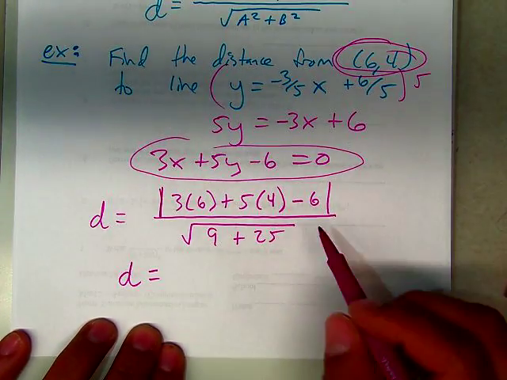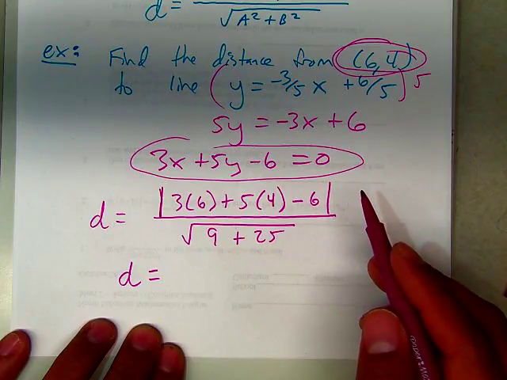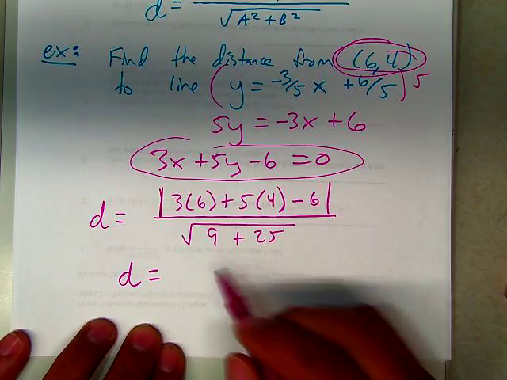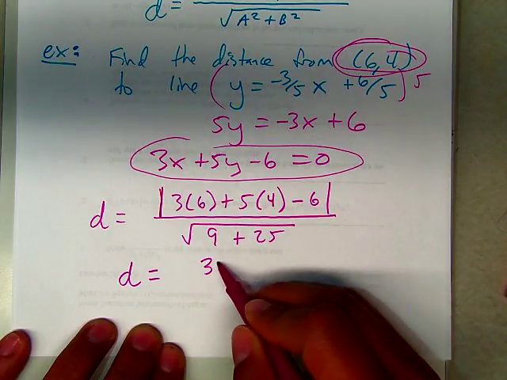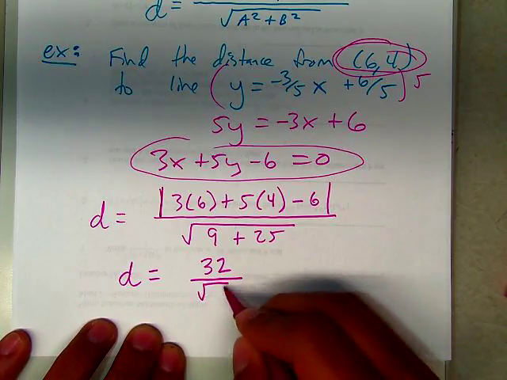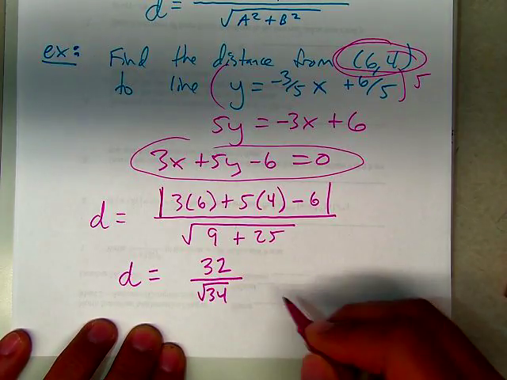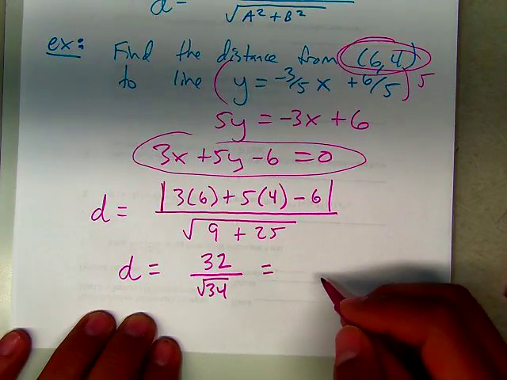So then in the numerator we have, what is that? 18 plus 20 is 38, minus 6 is 32. So it's just 32 over root 34. And then ACT likes reduced and rationalized answers.